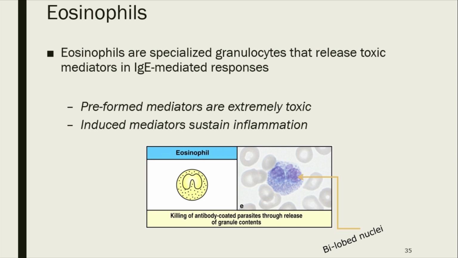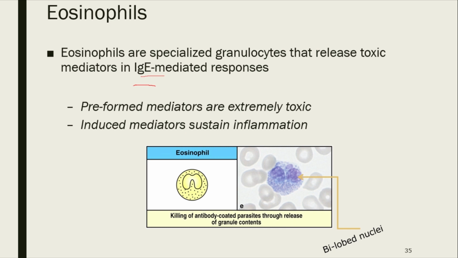Similar to mast cells, these are specialized granulocytes that release toxic contents in response to IgE binding. The preformed mediators are very toxic, and they are mostly responsible for killing invaders.